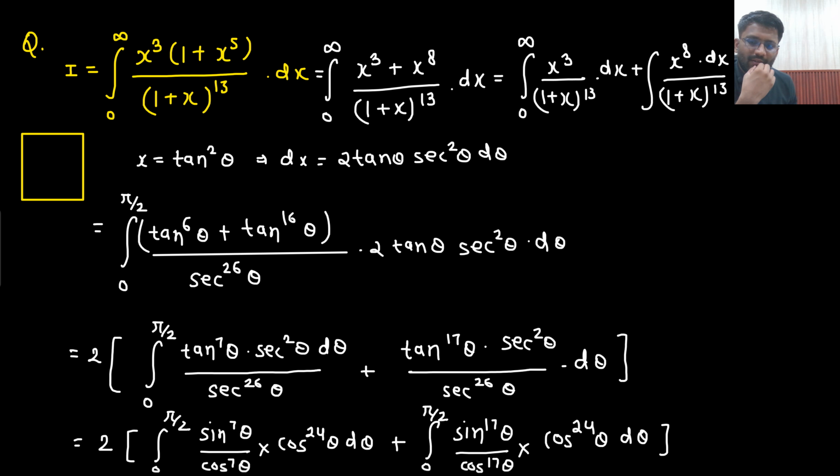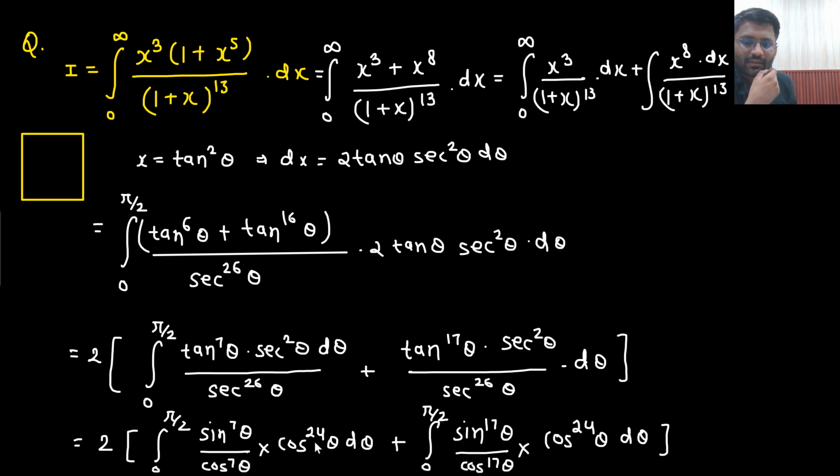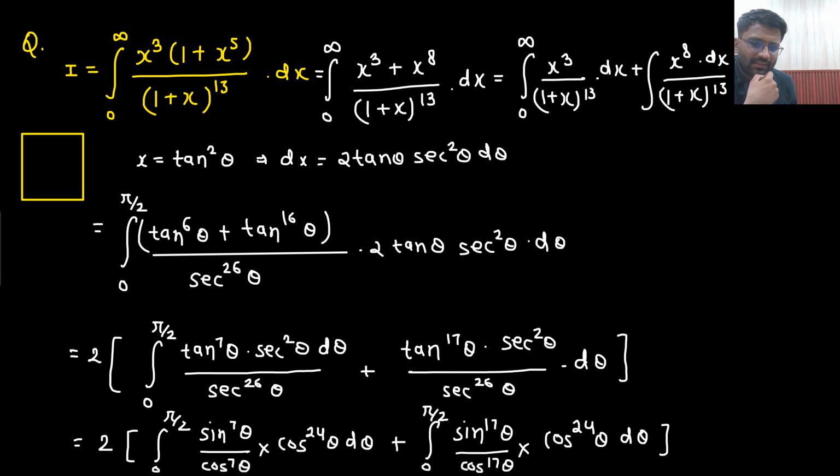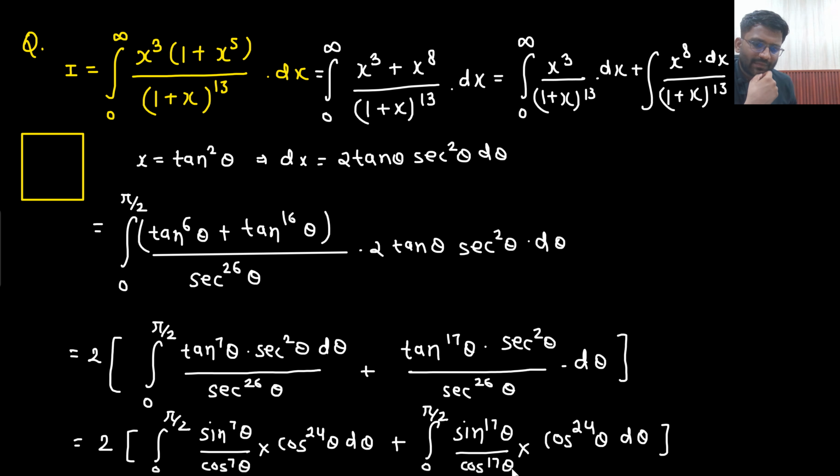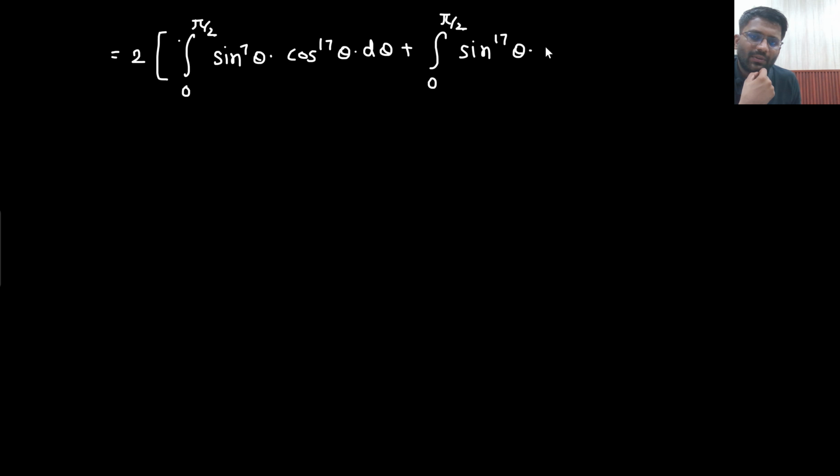So this will come out to be 2 inside the bracket, 0 to pi by 2, sine to the power 7 theta, cos to the power 17 theta dot d theta, plus 0 to pi by 2, sine to the power 17 theta, cos to the power 7 theta dot d theta.